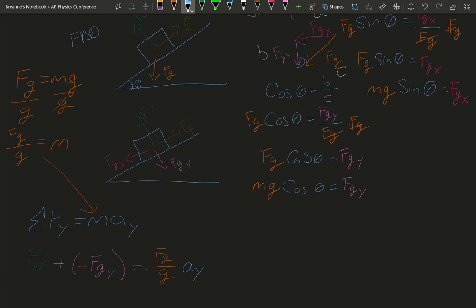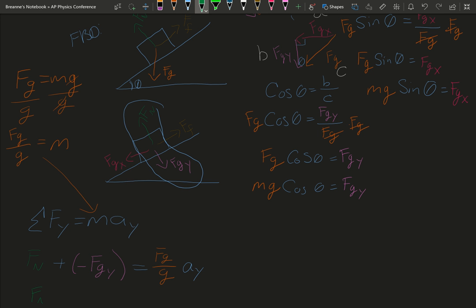And again, is the box moving in the y direction? Is the box moving either in this direction? Hopefully you said no, it's sliding down. So your acceleration in the y is going to end up being 0.